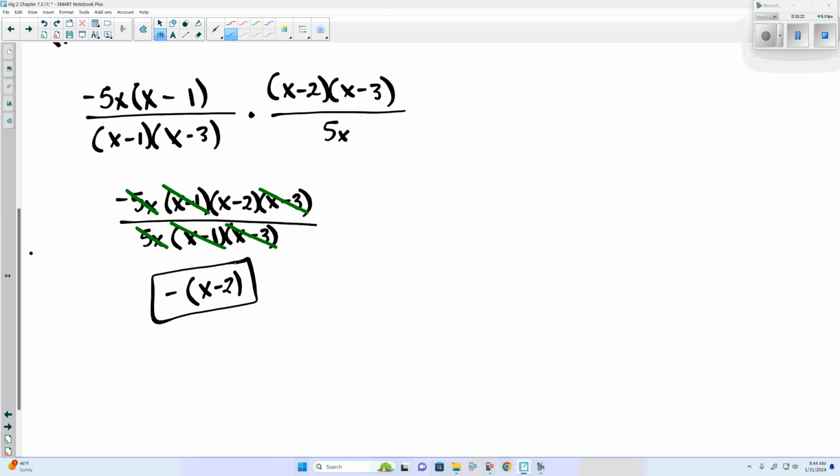Questions on this here? Questions on anything we've done so far? How do you organize it, like how you did on the marking them out? When we multiply, we multiply straight across. So we multiply all the numerators together. When we put parentheses next to each other, we're saying that they're being multiplied. So really, we can just condense it down to 1. Same with the denominator. Now, it feels like we should have x minus 1 times x minus 3 times the 5x.